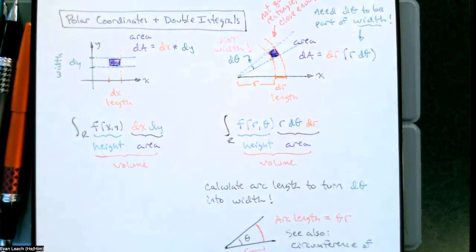In the setup, that extra factor of r is part of the dA, but in the mechanics, that r gets integrated with the function. So it's part of the dA for the setup, but it's part of the function that you have to integrate.